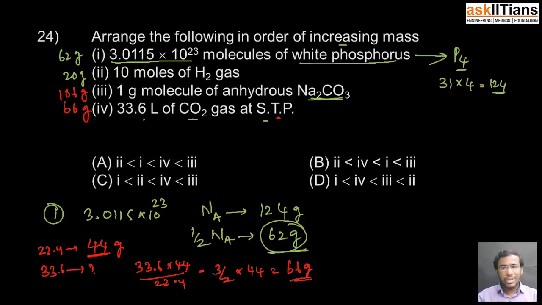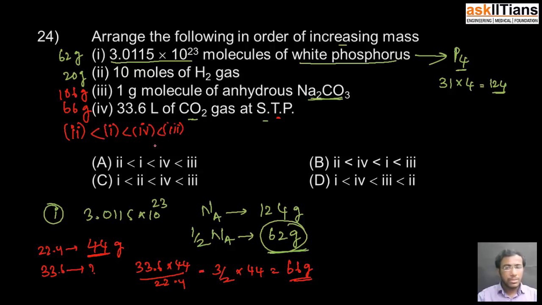So just arrange this in the order of increasing mass. The least one is hydrogen, that is 2. Next is 62, that is 1, and next is this one, 66, that is 4, and the highest one is 3.